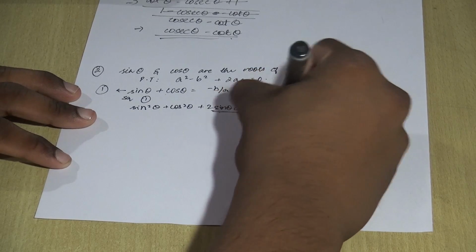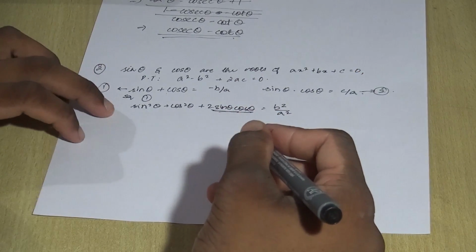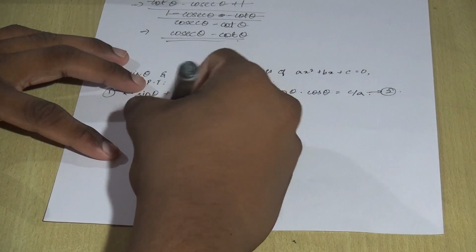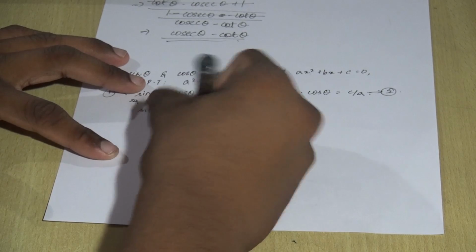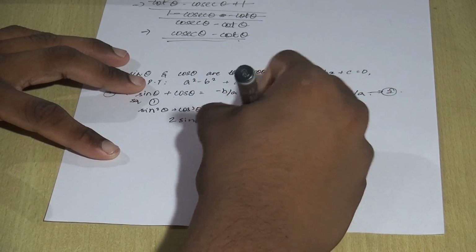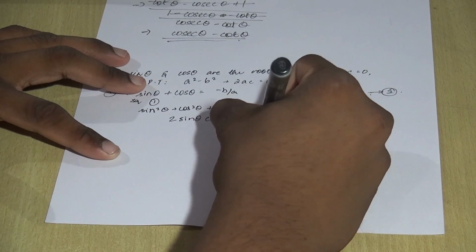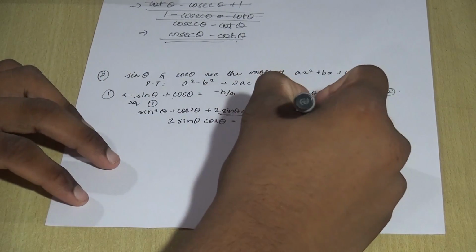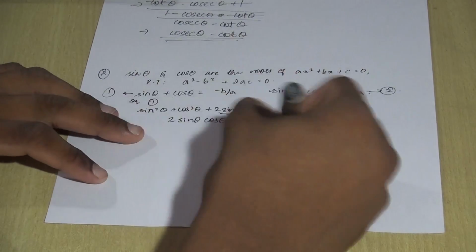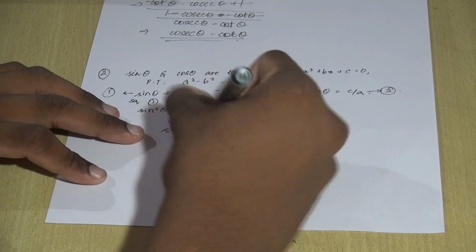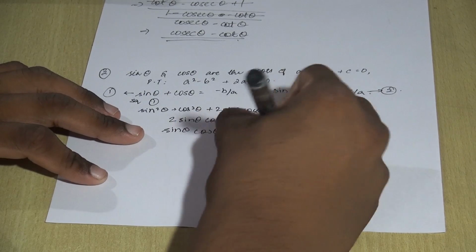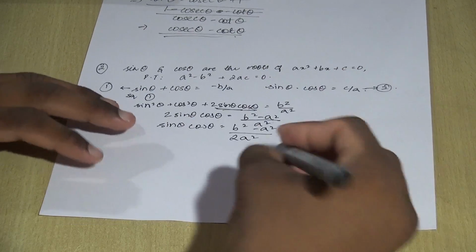It is equal to b square by a square. Now we know that sin square theta plus cos square theta is 1, so transposing 1 on the other side, we get 2 sin theta cos theta is equal to (b square minus a square) by a square. Since minus 1 will come here, by taking LCM you get (b square minus a square) by a square. Now transposing 2, we get sin theta cos theta is equal to (b square minus a square) upon 2a square.